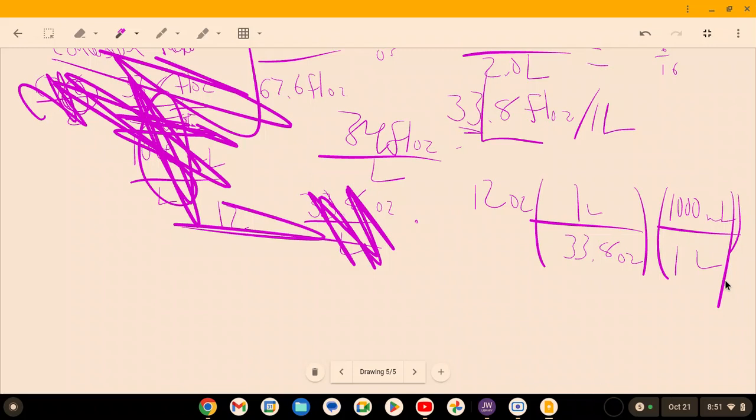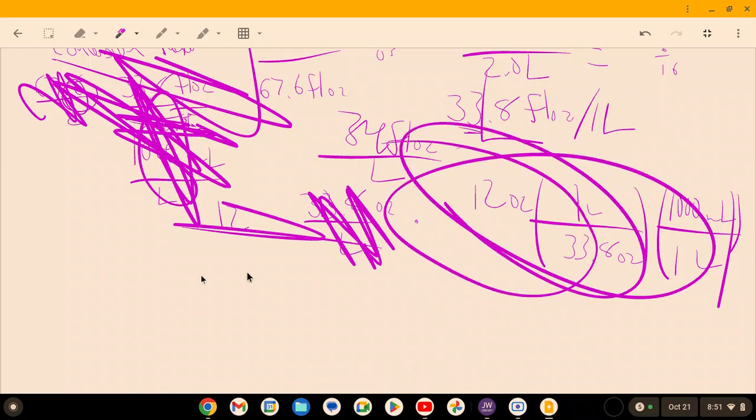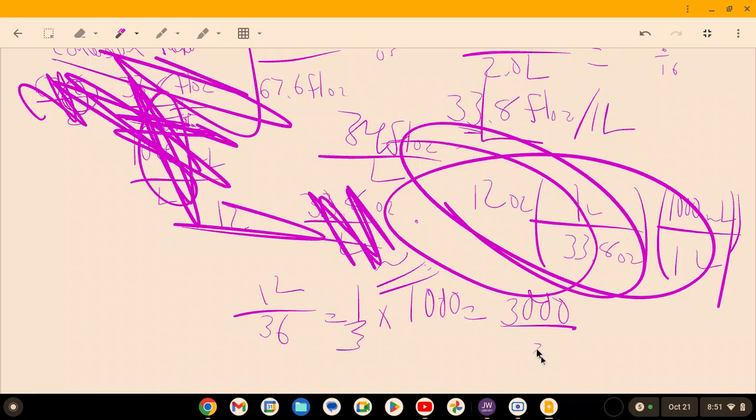So that's almost like saying 12 divided by 36, which equals 1/3, times 1,000 equals 3,000 over 3 equals 1,000 milliliters. It's roughly 1,000 milliliters.